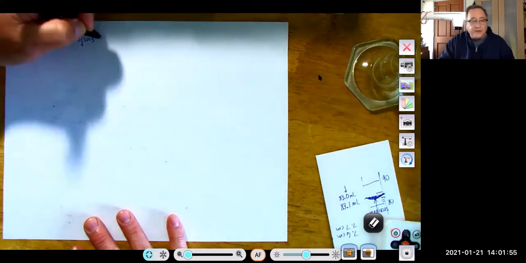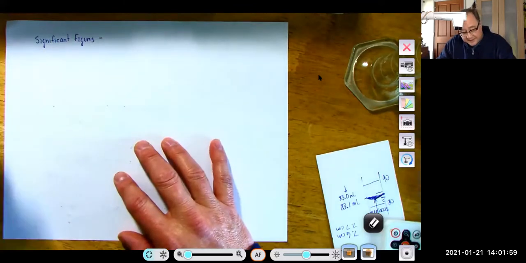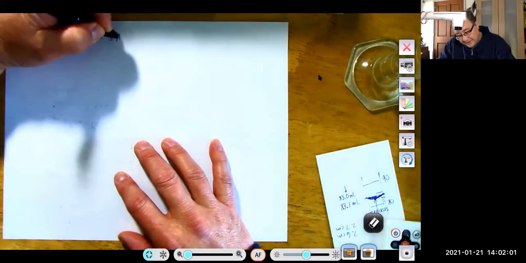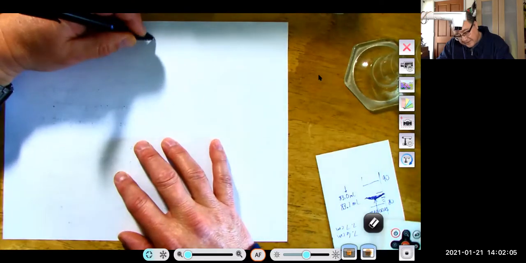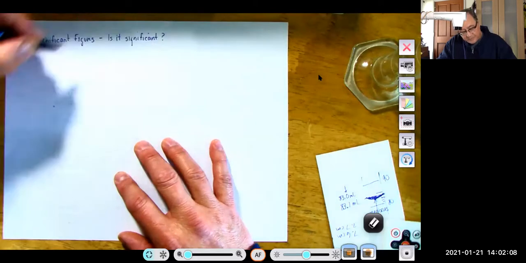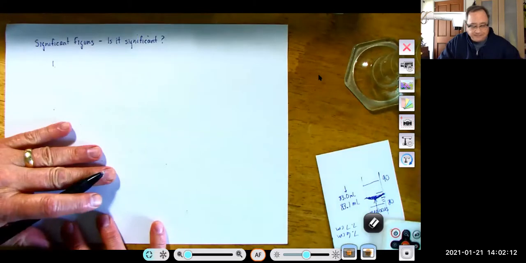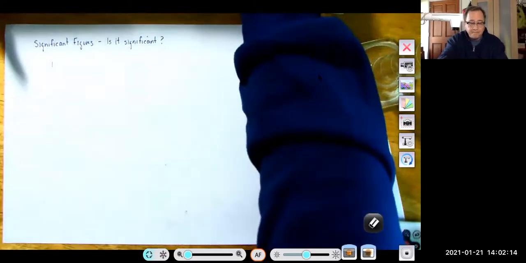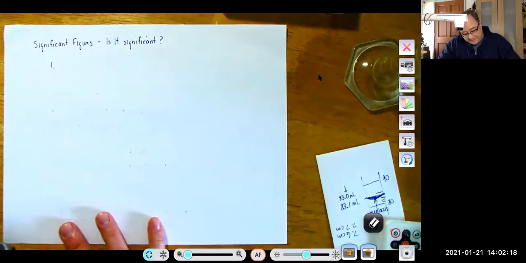And what we're trying to address here is this simple question: is it significant? So the first thing I'm going to tell you is that if it's not a zero, it's significant.